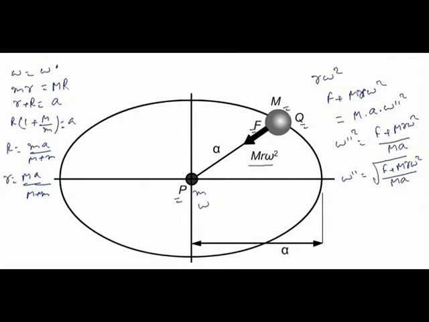Also the force which was acting upon these two objects was F. So for object P, F was equal to m r omega square, and for object Q, F was equal to capital M into R into omega dash square.